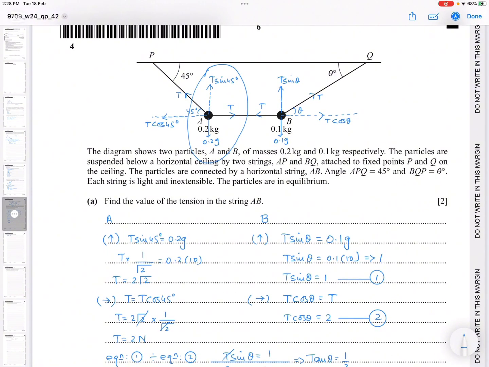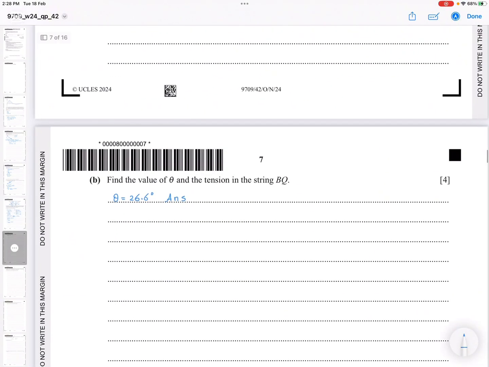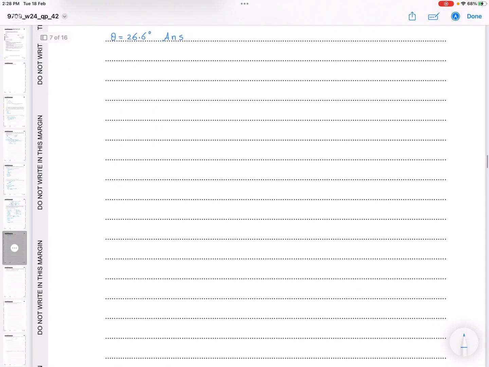Tension in BQ. We can use Pythagoras theorem, and let me make a simple diagram for you here. Suppose this is our B, here is our tension BQ.